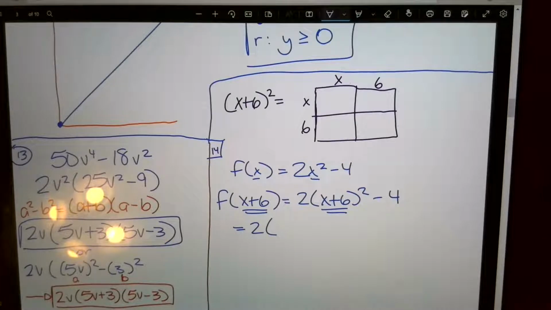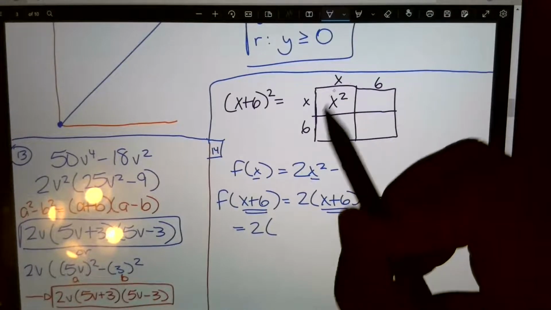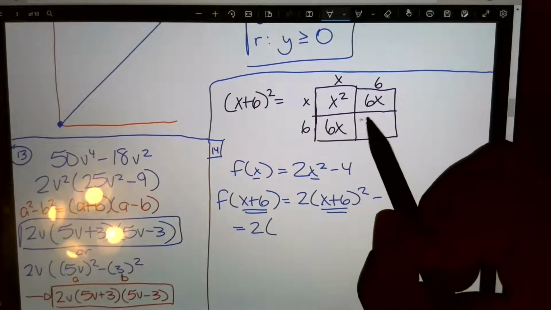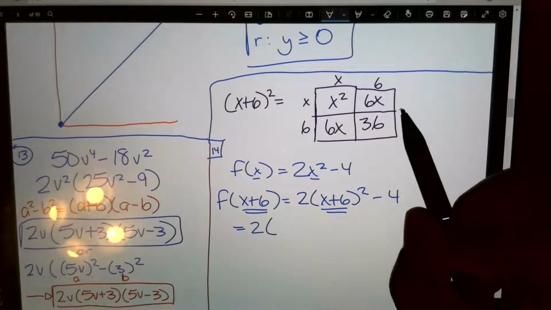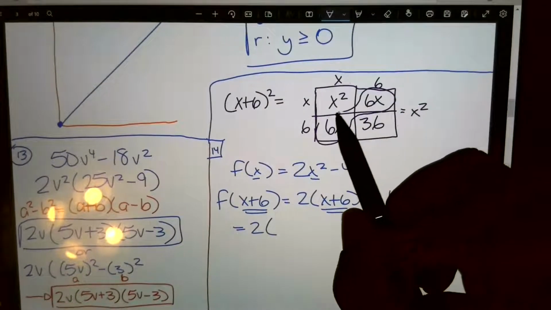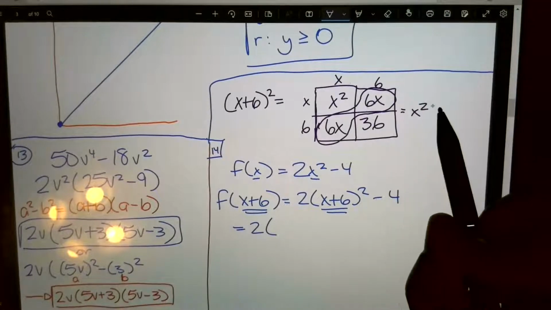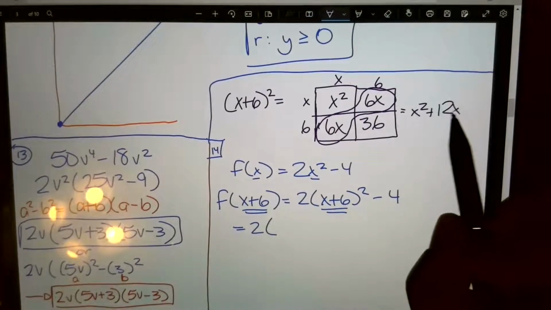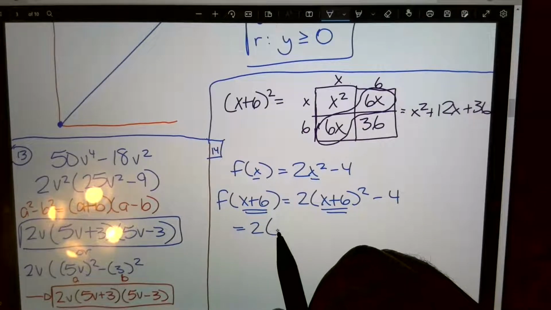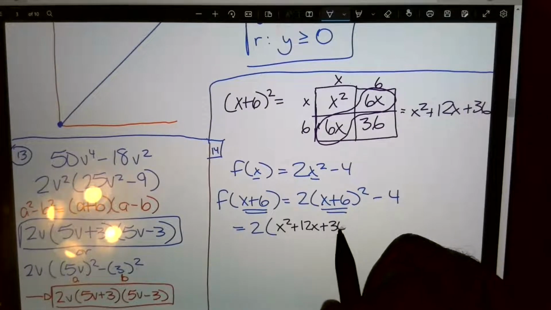So then x times x is x squared. x times 6 is 6x, and 6 times 6 is 36. And then you put it all together. x squared, in the middle, these two go together, and 6x plus 6x is 12x plus 36.